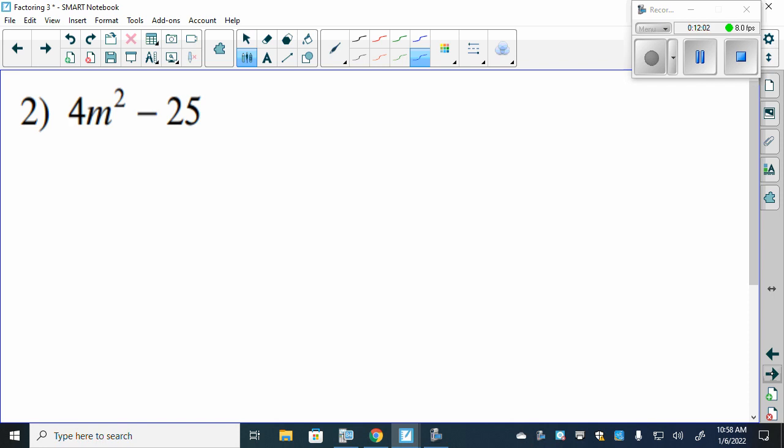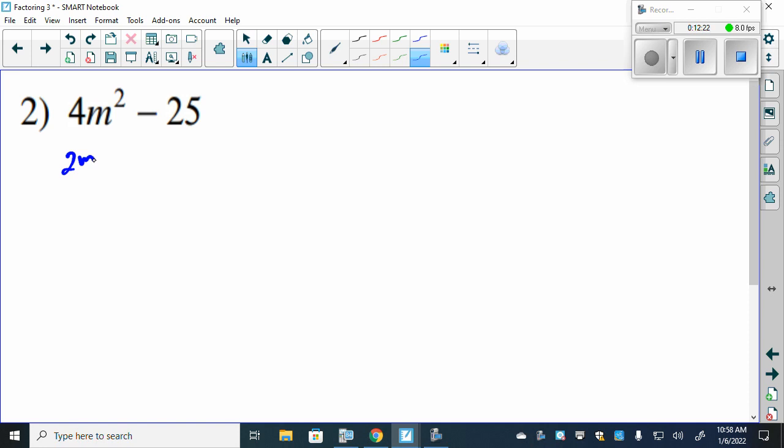So let's look at this one here, 4m squared minus 25. Are 4m squared and 25 both perfect squares? Well, yes, 4m squared is really just 2m times 2m.